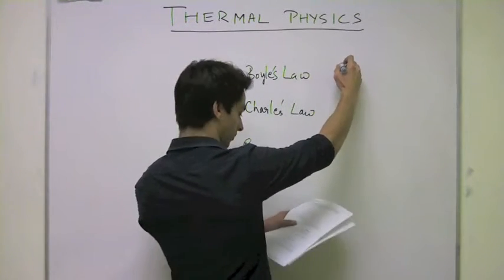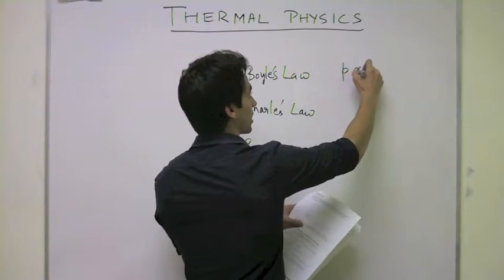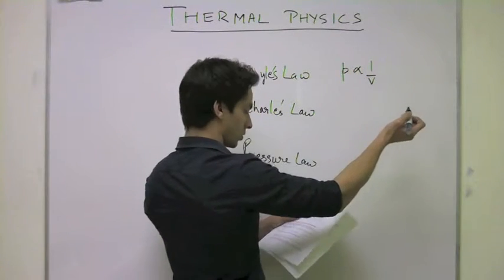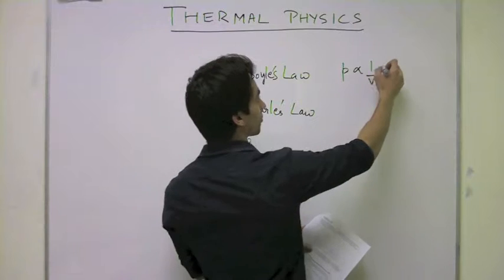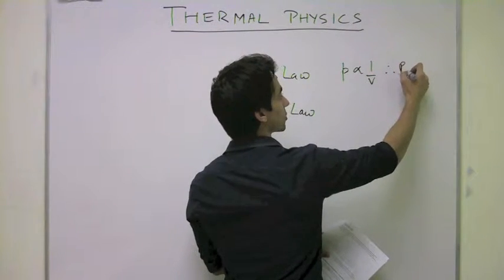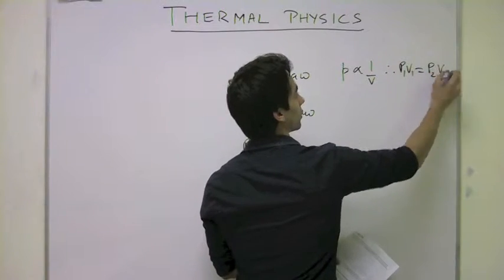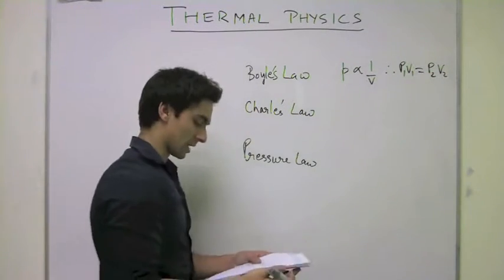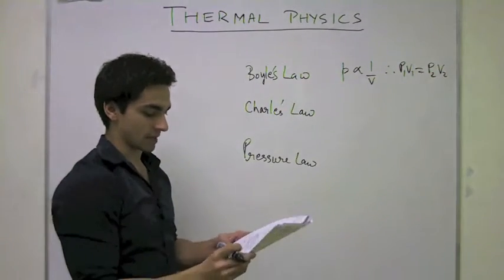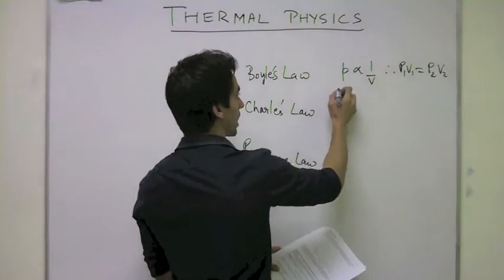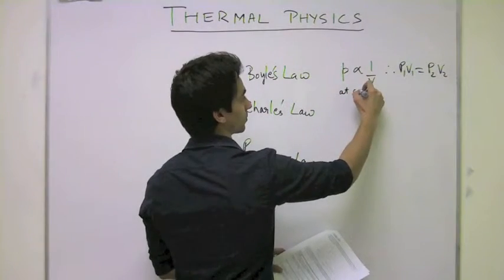From Boyle's law, we understood that pressure is inversely proportional to volume. So therefore, for two states of pressure and volume, the multiplication of them would be the same. It would be constant for the same gas, and this holds true at a constant temperature.